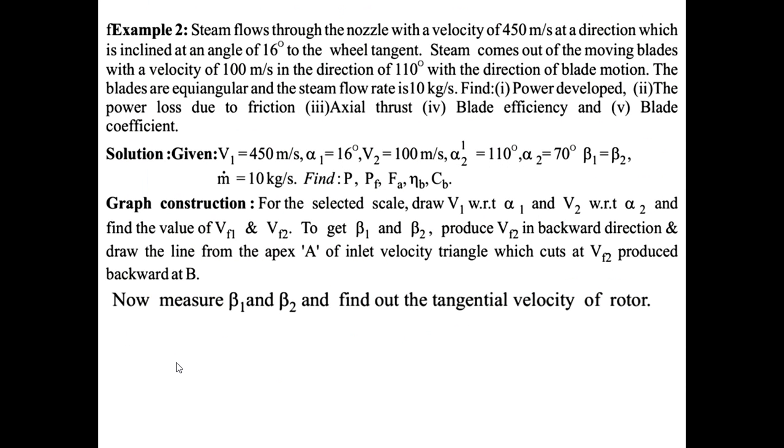V1 is given, alpha 1 is given. Next, steam comes out of the moving blade with a velocity of 100 meter per second. Can anyone tell whether it is VR1, VR2 or V2, and why they have taken it as V2?